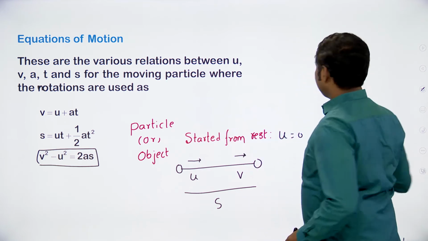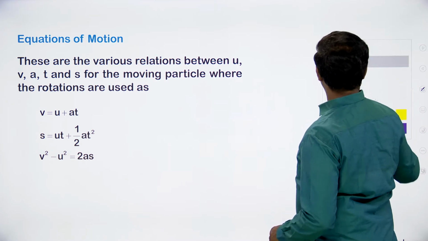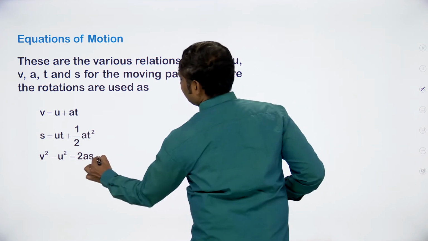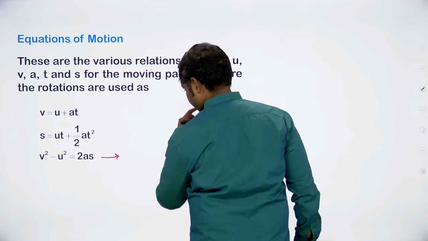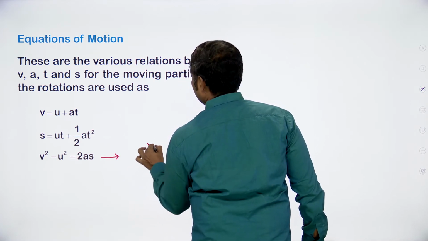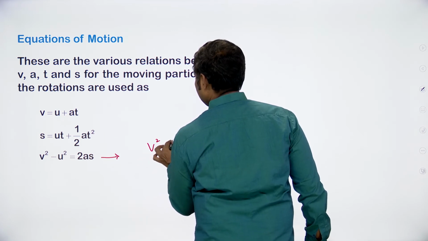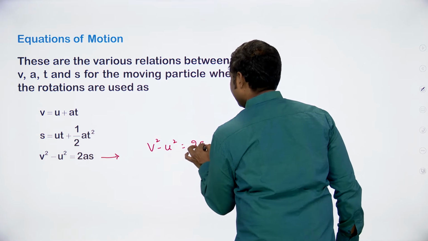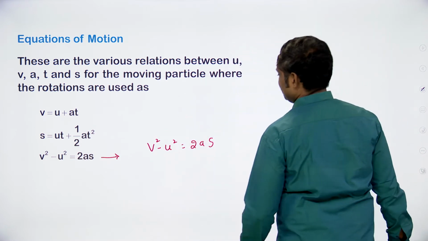You can apply this equation in case of the vertical displacement also: v square minus u square is equal to 2as. It is very simple for you.